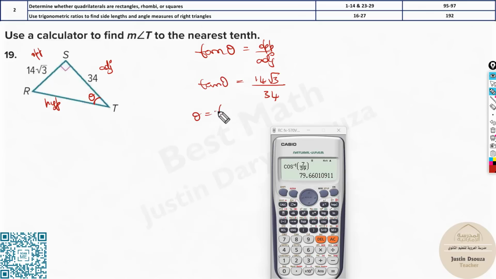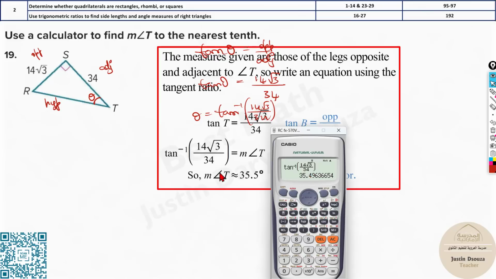Theta will be equal to tan inverse of 14 root 3 by 34. And that will be the answer. So shift and tan gives you tan inverse, 14 square root 3 divided by 34 and close the bracket. 35.49, which will make it 35.5.